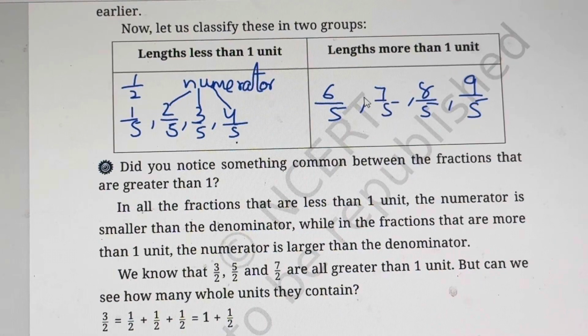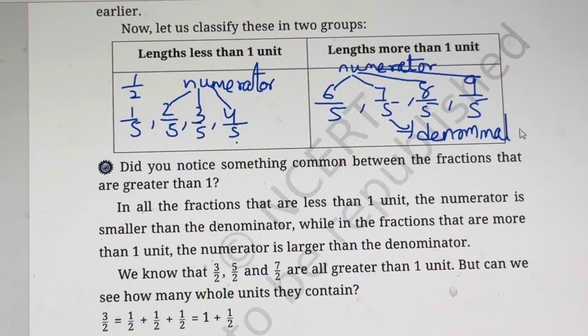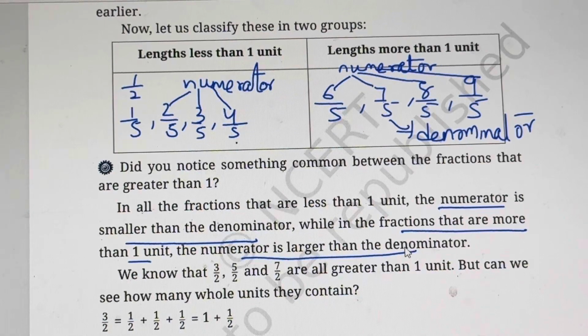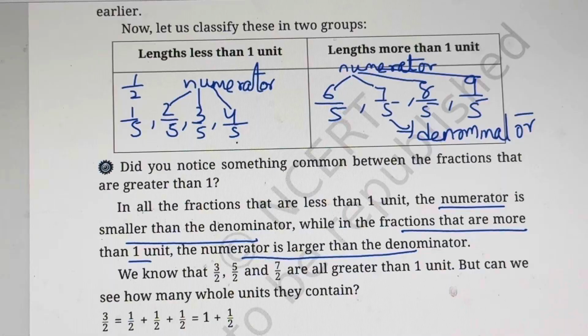And if we observe the case where they are more than 1, all the numerators are greater than the denominators. 6, 7, 8, they are all more than 5. These are again numerators. They are greater than 5. 5 is the denominator. Right? So that is the basic difference between both the types of fractions. In all the fractions that are less than 1 unit, the numerator is smaller than the denominator, while in the fractions that are more than 1 unit, the numerator is larger than the denominator, which I just explained to you.